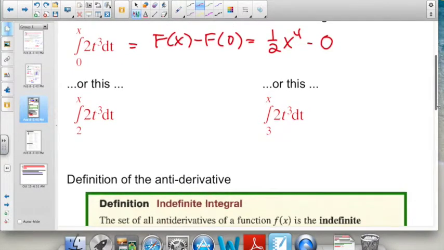What if I subtly change it and I have the lower bound at 2? I still have that, right? That's the upper bound.